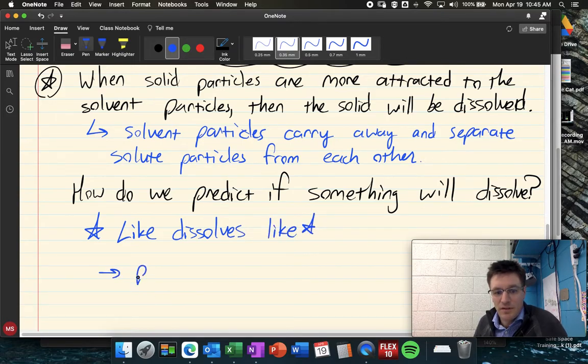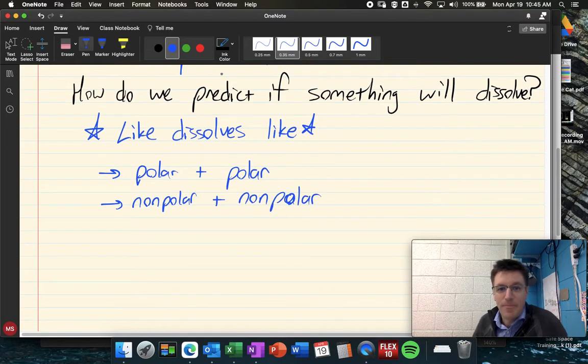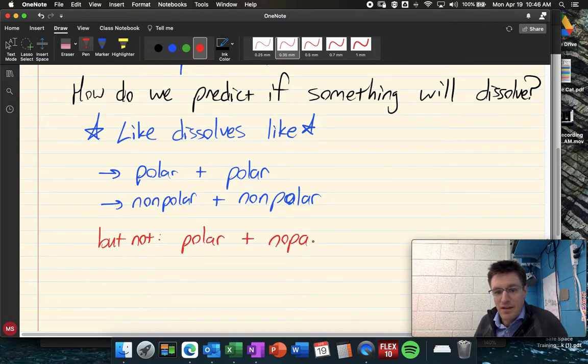Okay. Polar plus polar. Nonpolar plus nonpolar, as long as what you're mixing, the two different substances, are like each other. Okay, but not polar plus nonpolar. I hope I made it clear.